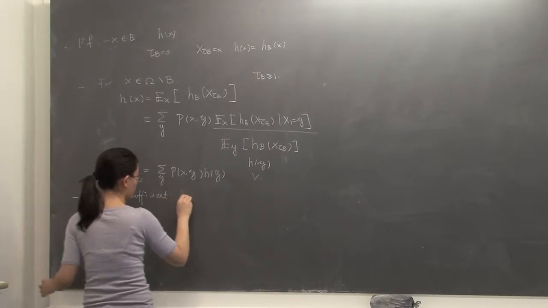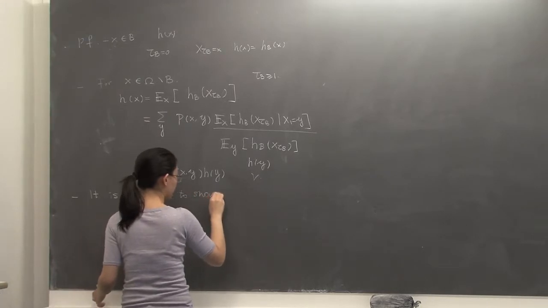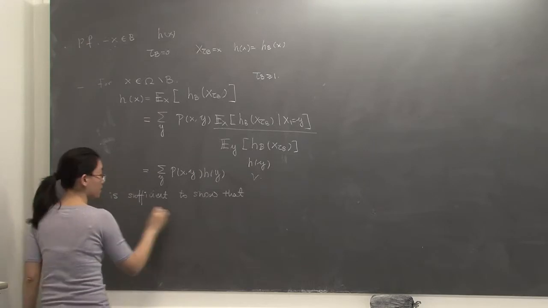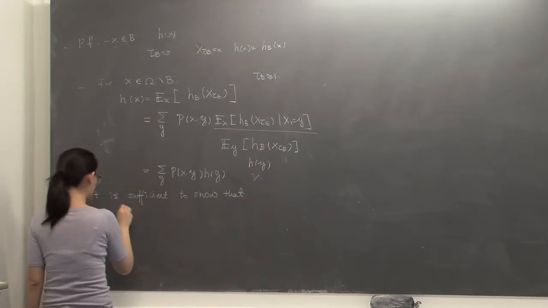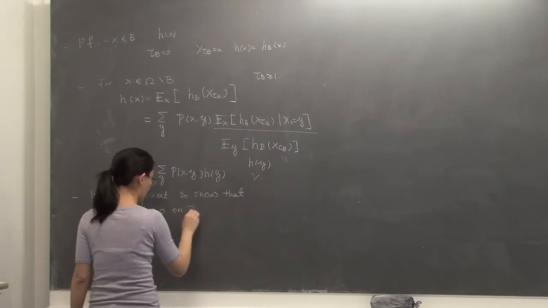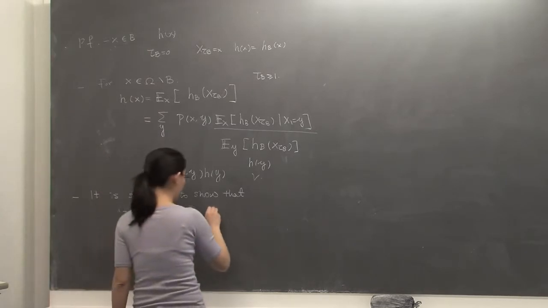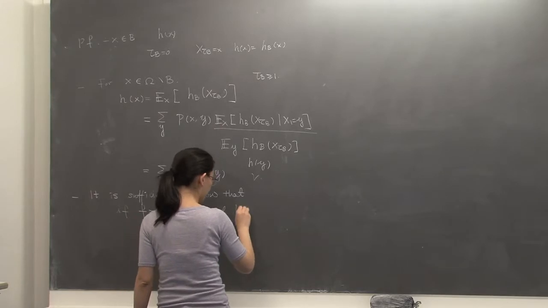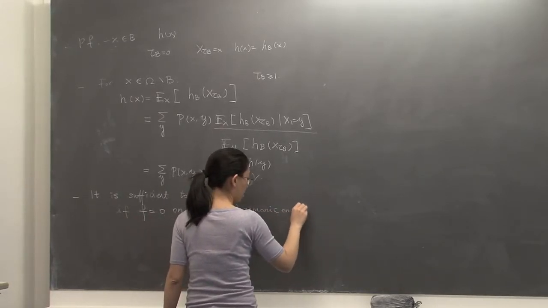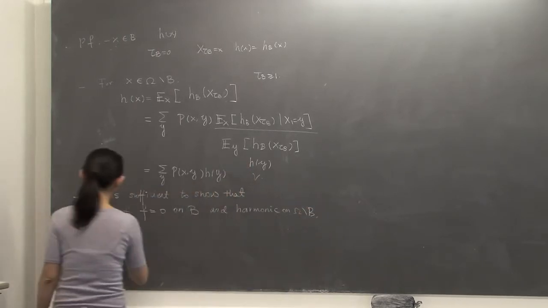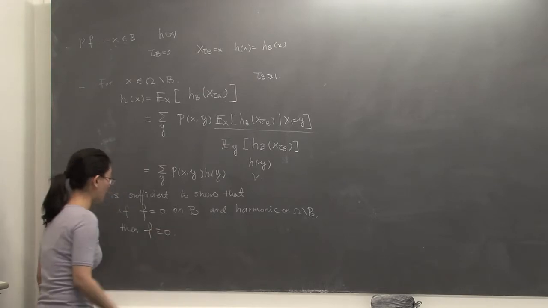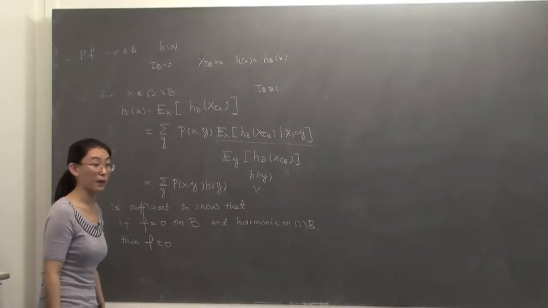It is sufficient to show that if f is 0 on B and is harmonic outside B, then f has to be 0 everywhere.